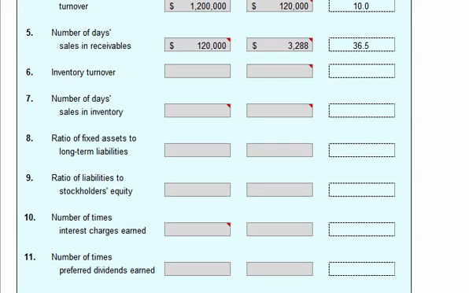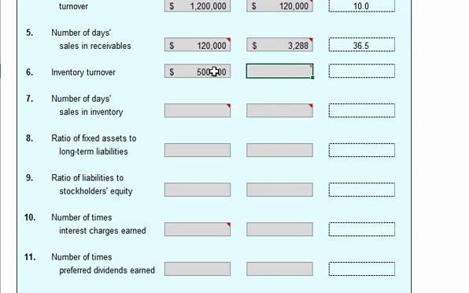Now your formula there in the top is cost of goods sold, and we're going to divide that by average inventory. We'll pick up cost of goods sold as the current year number, the 2016 number, from the income statement. 500,000 cost of goods sold on the 2016 income statement.